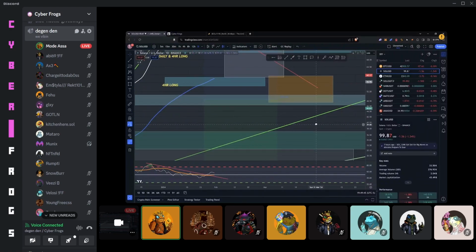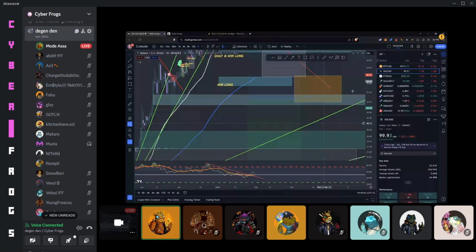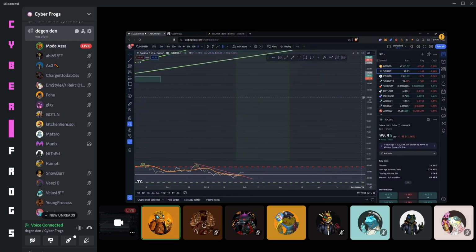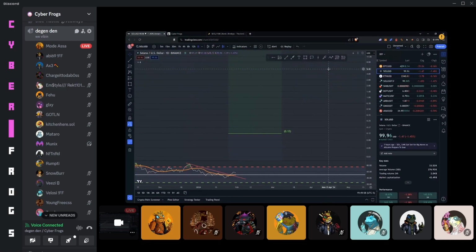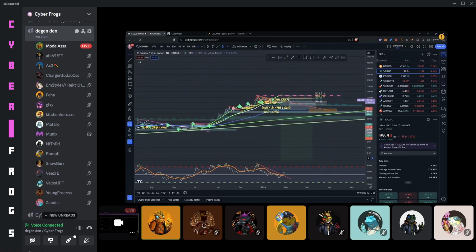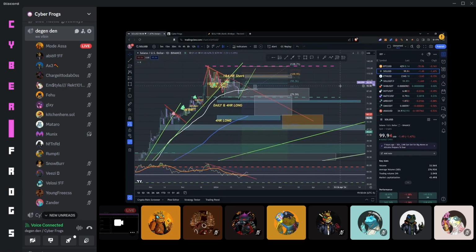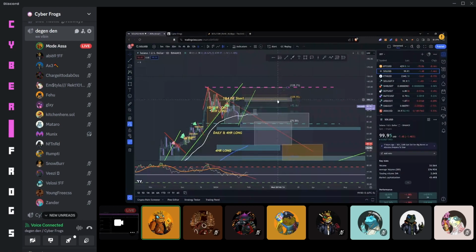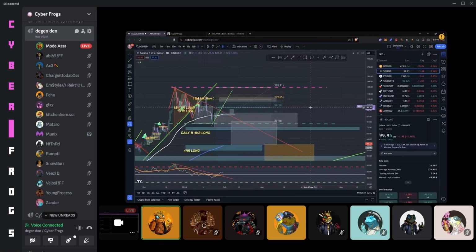That would put $50, $48, $49 at my first take profit one. No, that can't be right, because that puts us down even below $6. That would be a massive long-term move.